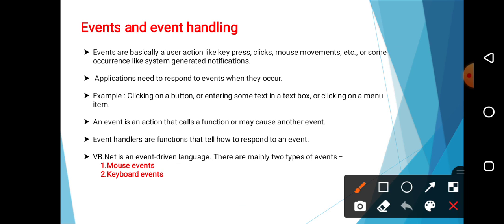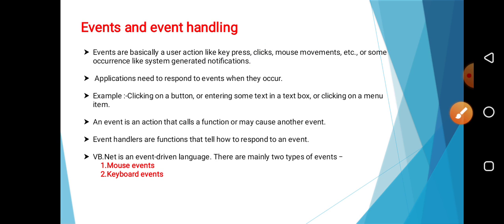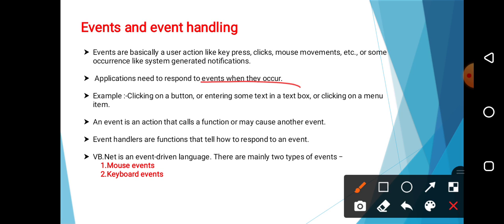So events are basically user actions like key press, clicks, mouse movements, etc. Some occurrence like a system generated notification. Whenever such kind of events occur, the application which you design must respond to the event. If I click on the submit button after filling all the details, the application data must get submitted into the database.